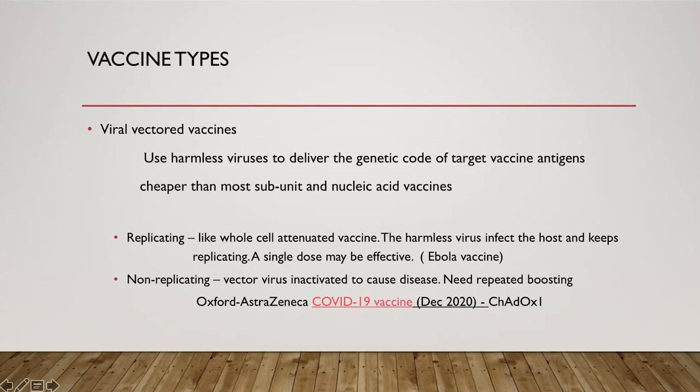So it's called ChAdOx because it was produced using a chimpanzee adenovirus as the vector. Okay, so the vector was a chimpanzee adenovirus and it was inactivated so that it will not cause adenoviral infection. And it was produced in Oxford, so ChAdOx was given as the name.